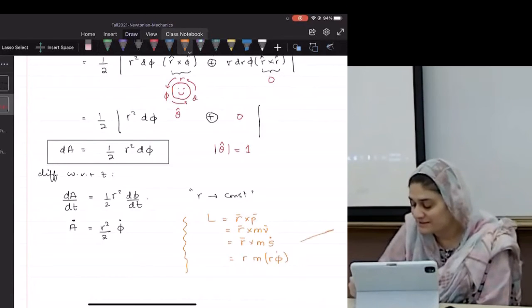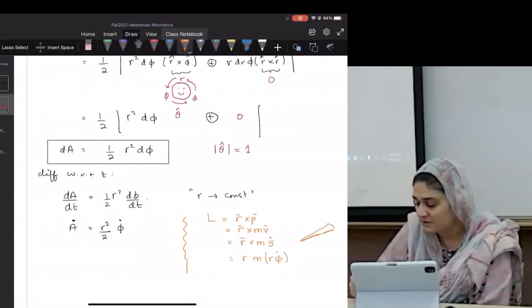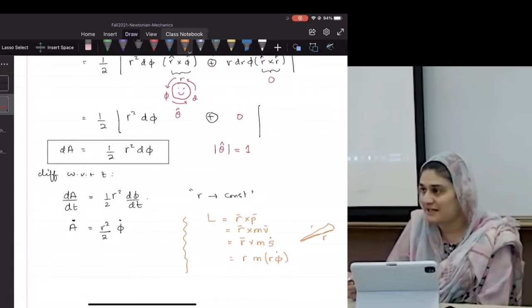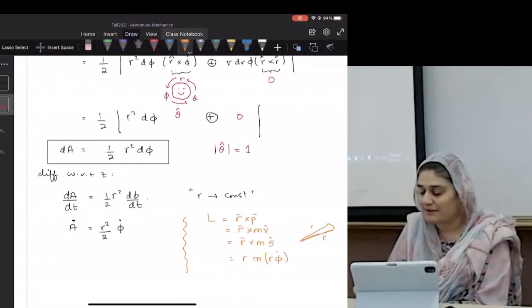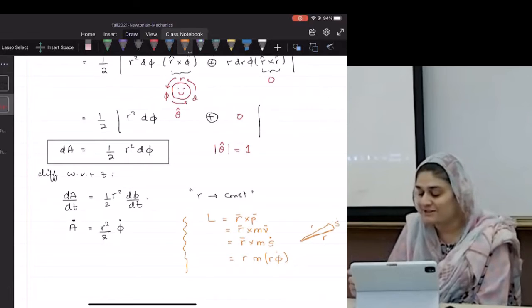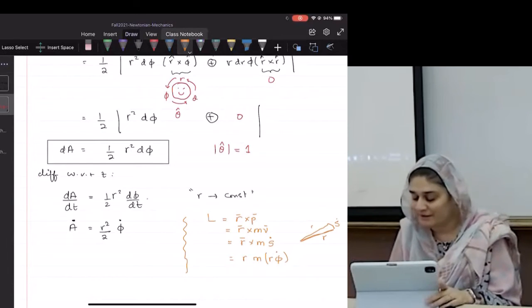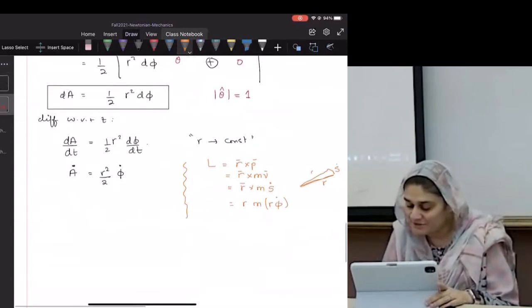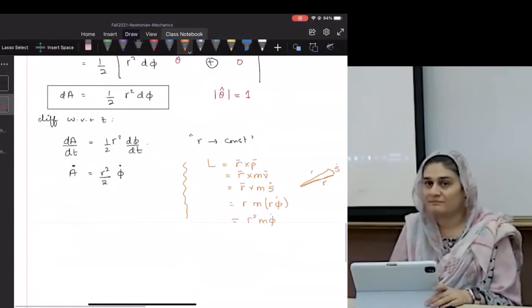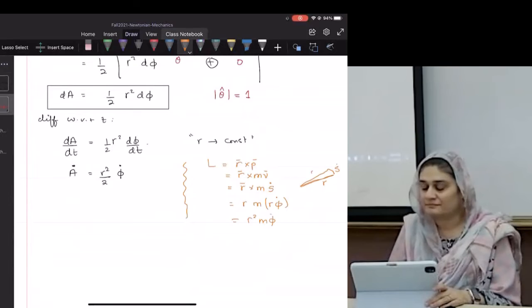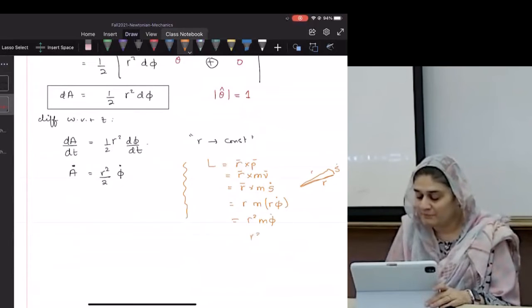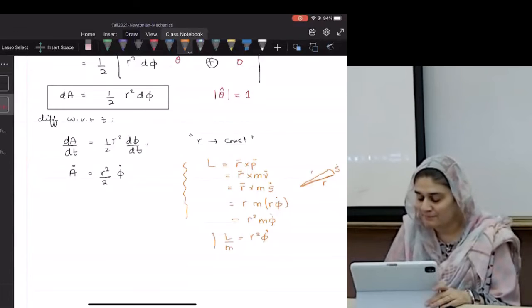I'm only considering this tiny segment. Is this r the same as that r? Yeah. Can I write this s dot as r φ dot? Yeah. So may I write this as r squared m φ dot? Then may I write this as L over m?